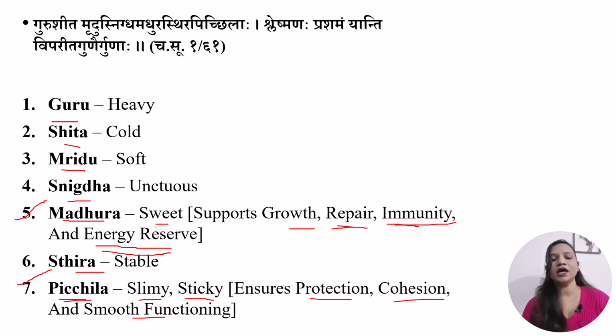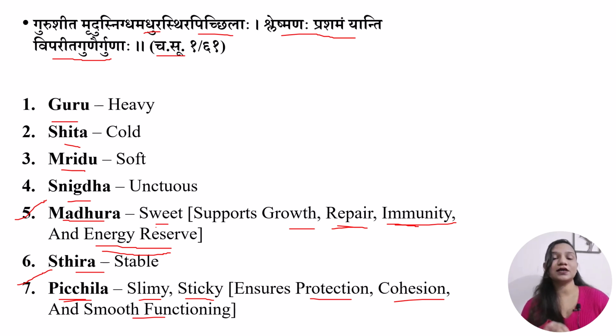Okay. So we have learned about two different gunas mentioned by Acharya Charak, which are Madhur and Picchil, other than Acharya Vagbhat. And the second line of the verse of Acharya Charak says that Shleshmanam Prathamam Yanti Viparit Gunair Gunaha. These lines suggest that when there is an increase in the kapha dosha or there is a condition of kapha vriddhi, it will be pacified by the opposite qualities.